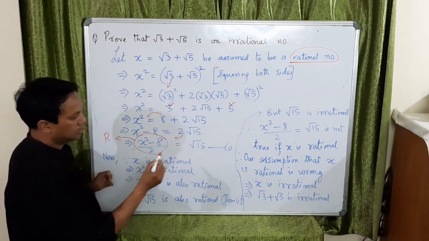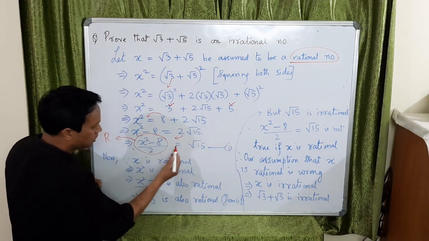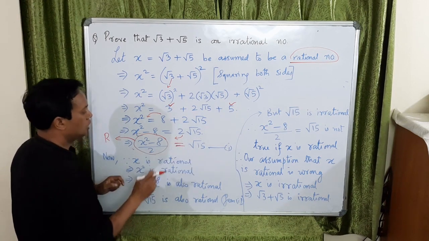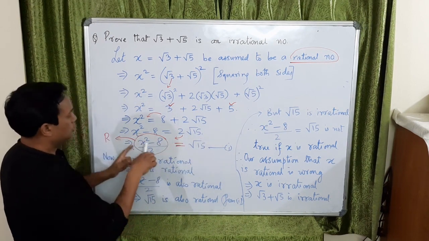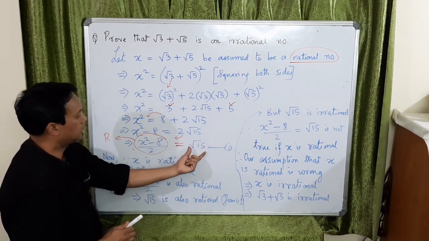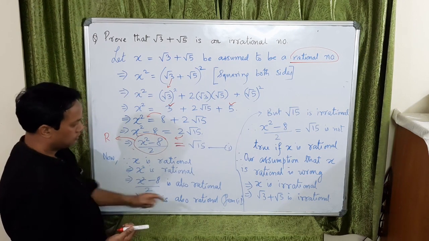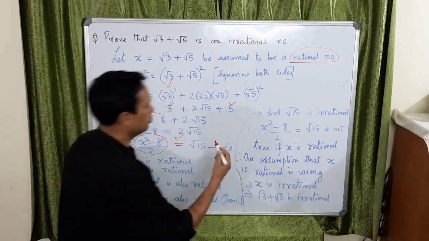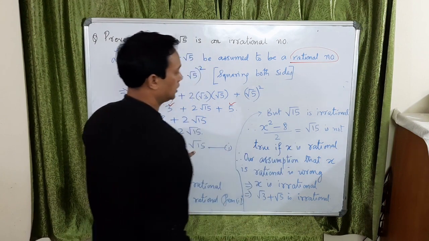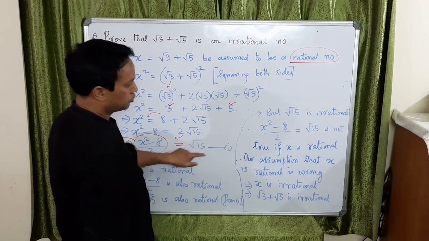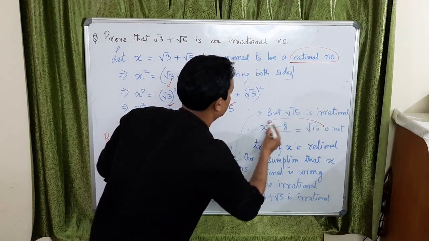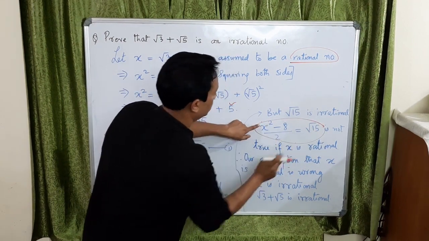Now in the right hand side, if these are equal, now we are saying these are equal. So if this is rational, this also should be rational. So if this is rational, we have to say that root 15 is also rational from equation 1. But we already know that root 15 is irrational. So that means what we are getting, x square minus 8 by 2 equals root 15, is not correct because a rational cannot be equal to irrational.